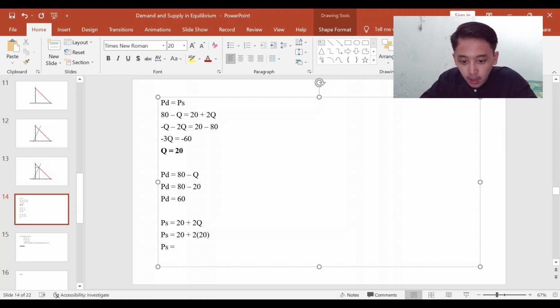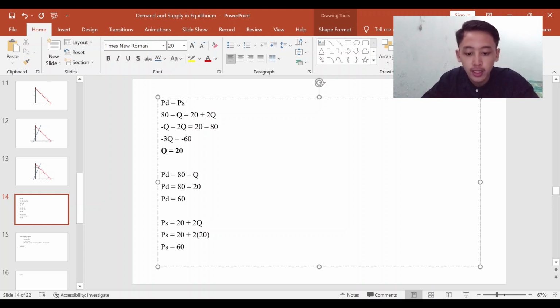Alright, PS equals 60. Sure enough, the price supplied and the price demanded at a quantity of 20 are equal to one another. This confirms that 20 is in fact our equilibrium quantity and 60 is in fact our equilibrium price.